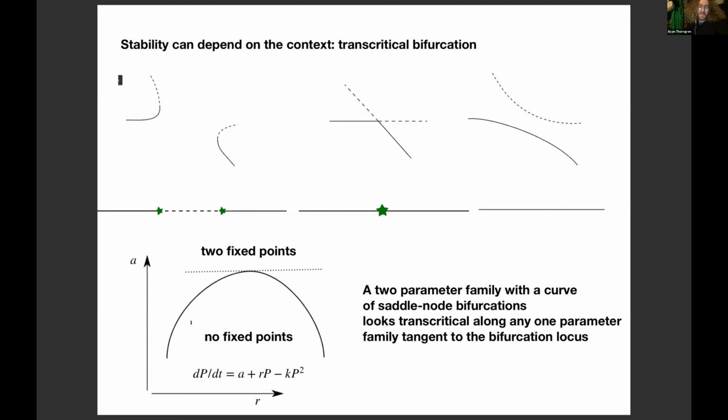The transcritical bifurcation at A equals 0, that's actually a tangent line to this separating curve. And so that's why it's special. Even though in this 2 parameter phase diagram there's only saddle node bifurcations, if you have some reason to consider a tangent curve to the space of saddle node bifurcations, you get a new kind of bifurcation.